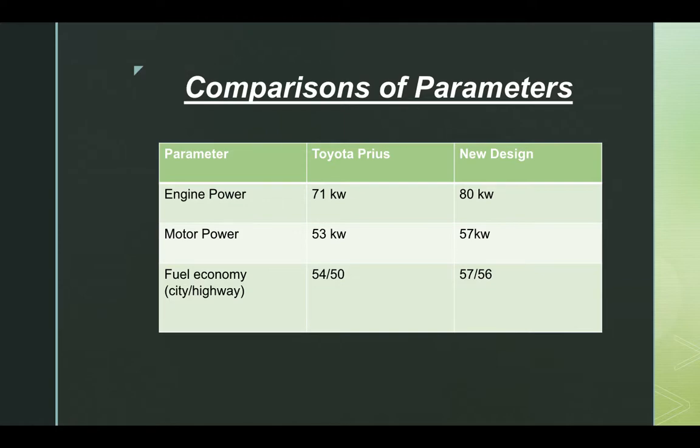It is in miles per gallon, and the fuel economy that I have obtained from my simulation is 57 for city and 56 for highway.